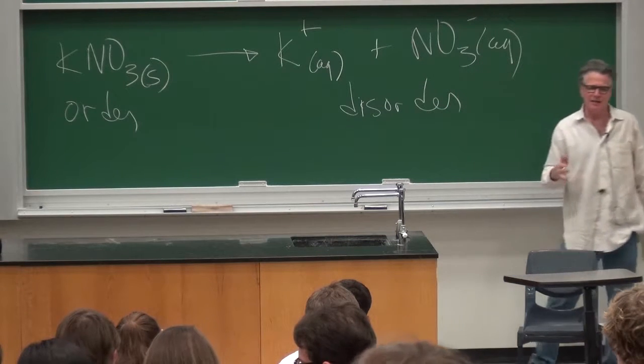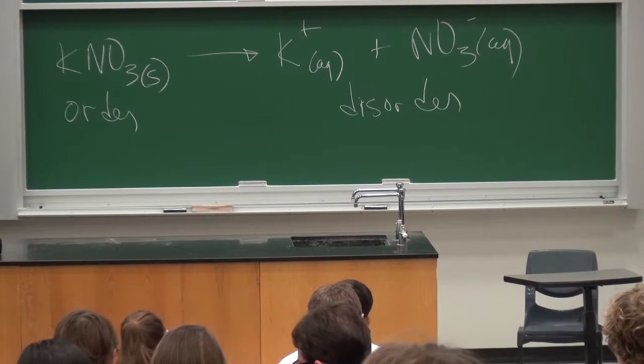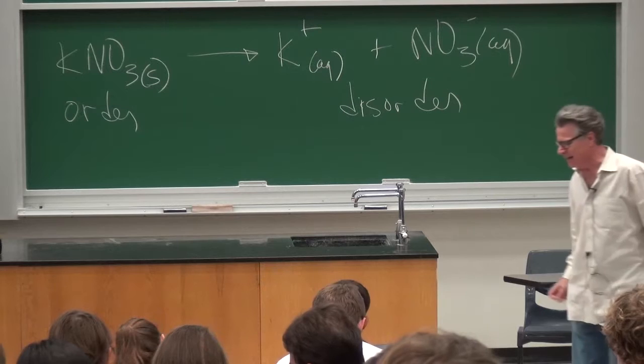So anything that takes an ordered state and makes a disordered state has a positive delta S.